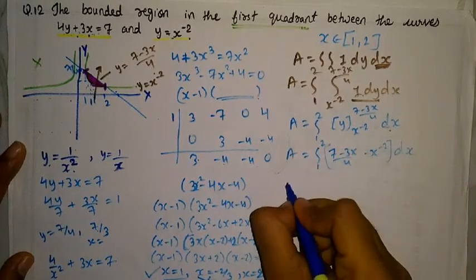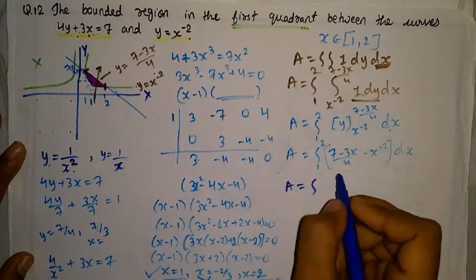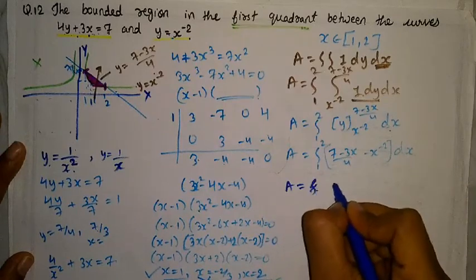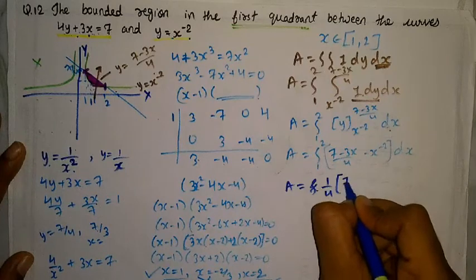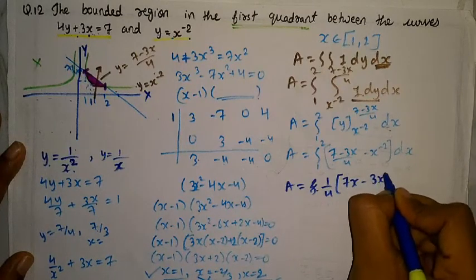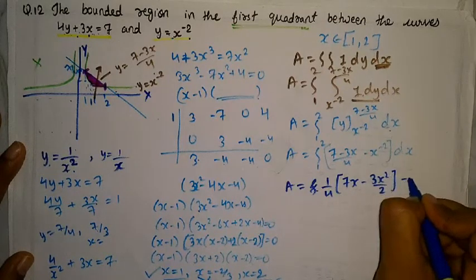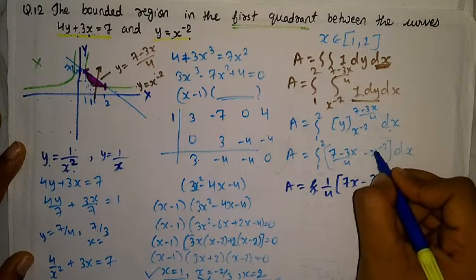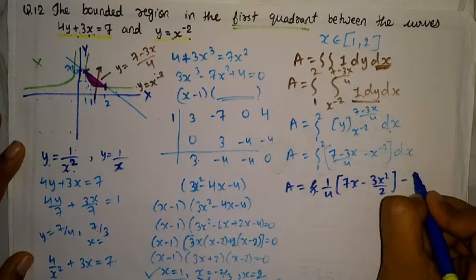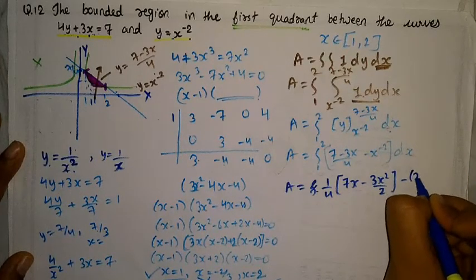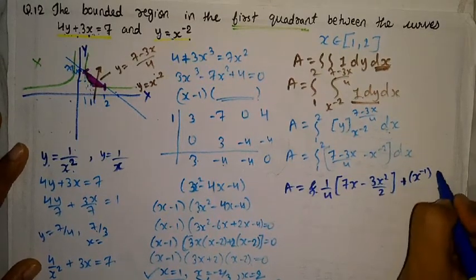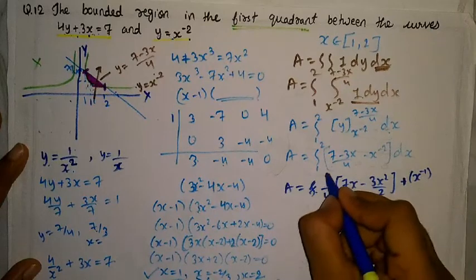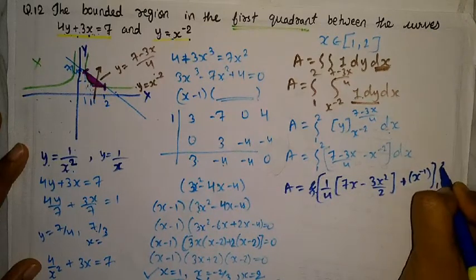So now area is equal to integration, now let's integrate this term. Integration of 7 is 7x minus 3x square by 2 minus, it will be minus 2, x raised to minus 2 plus 1, x raised to minus 1 upon minus 1 will come down, so it will be plus. So its limit is from 1 to 2.